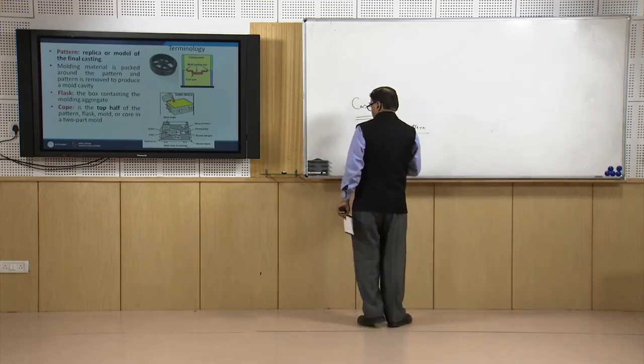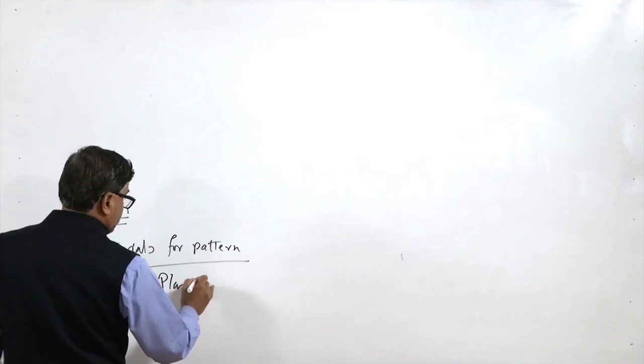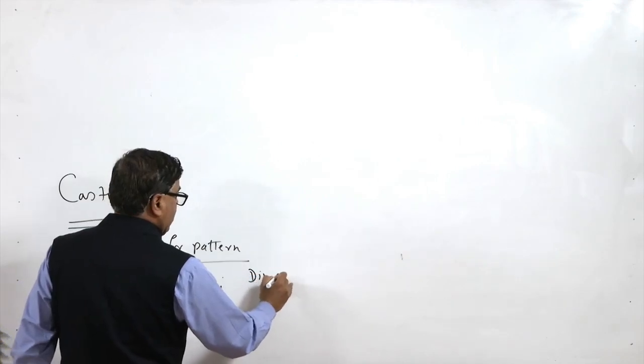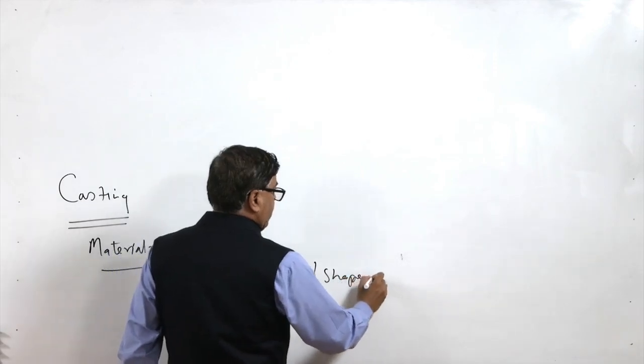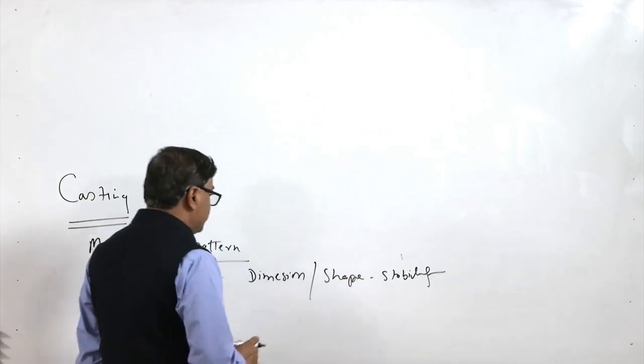On the other hand, if we consider the plastics, they are good in that way, like the dimensions of the pattern and shape both have good stability. So, this is a very good side.